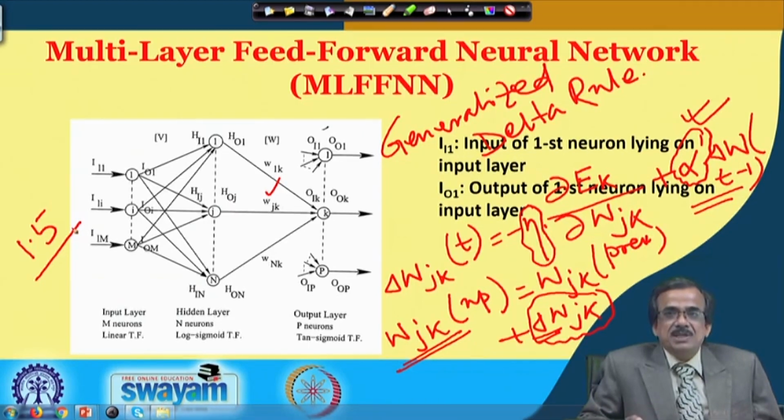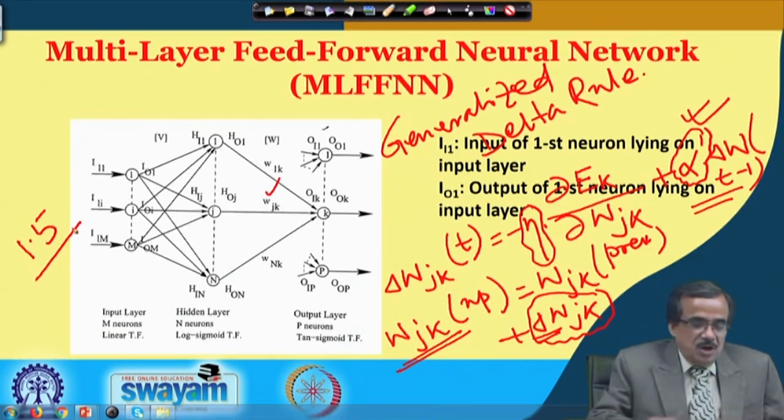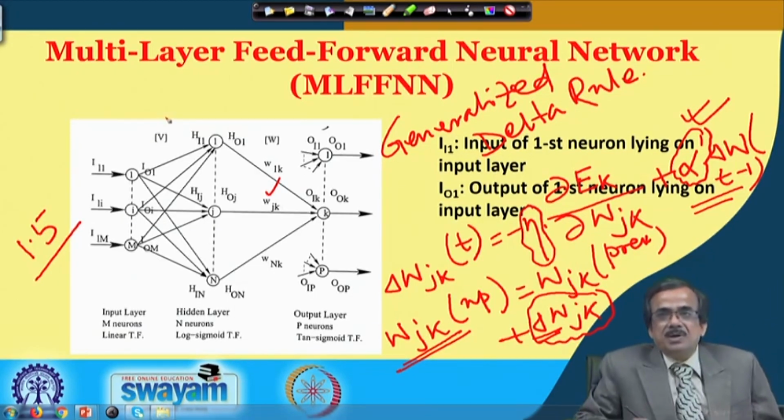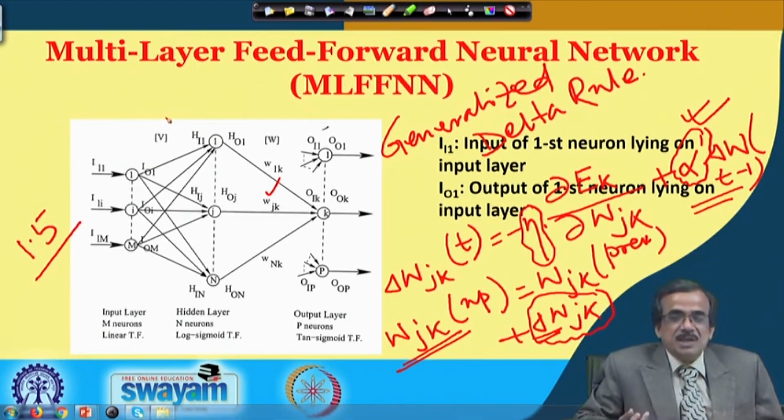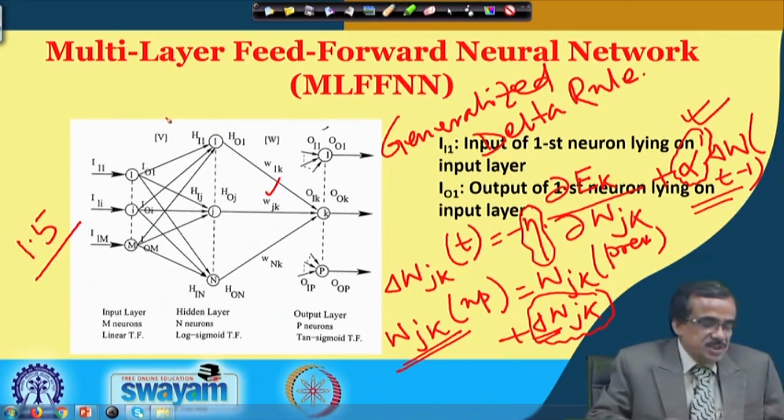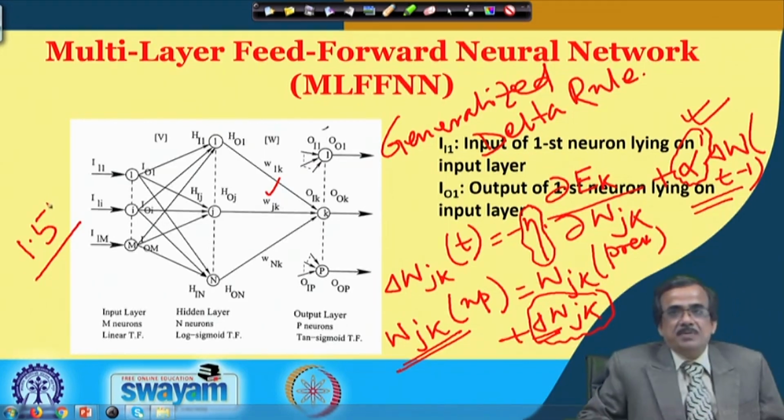Now, what will happen to this network? As I mentioned several times, the network does not know anything of the physical problem. Even if W or V has come out of the range, if you pass a set of inputs, the network is going to give you the output, but that output may not be reliable, because the connecting weight values have come out of the range.